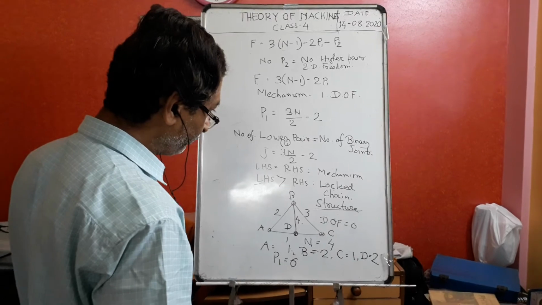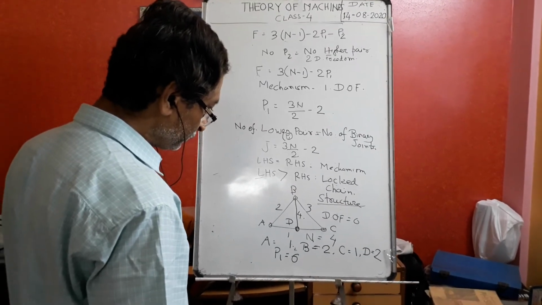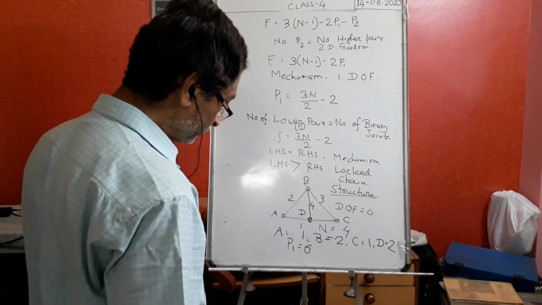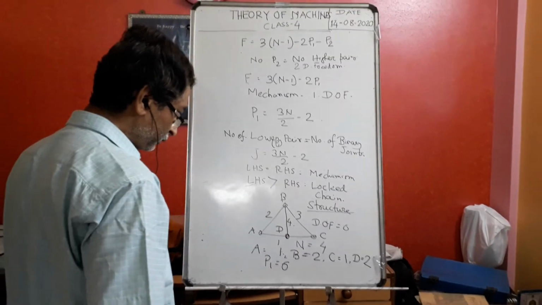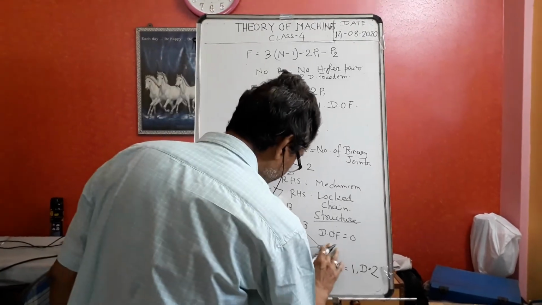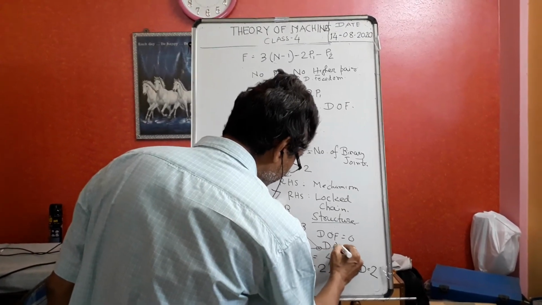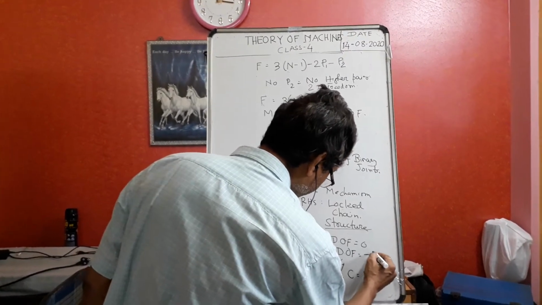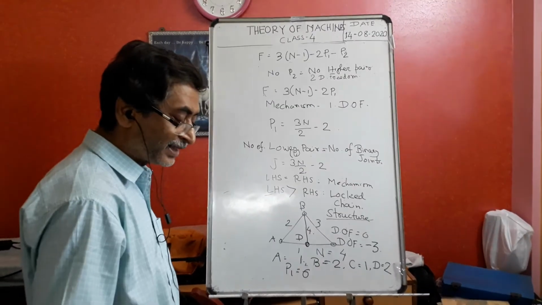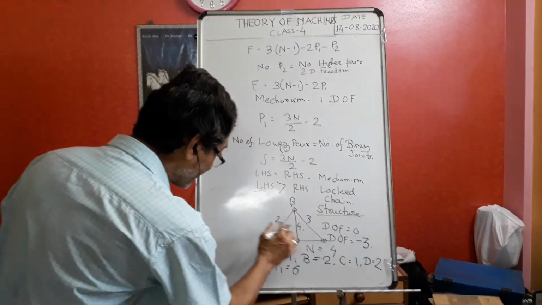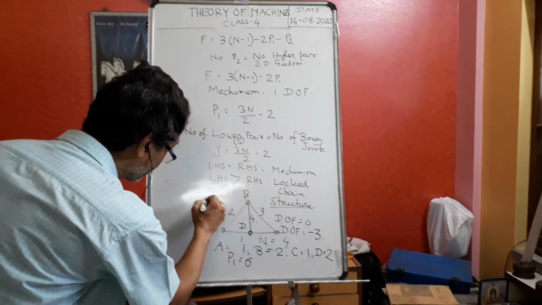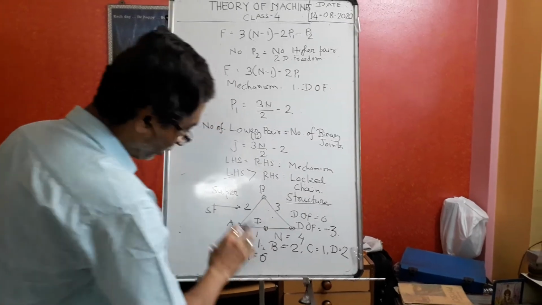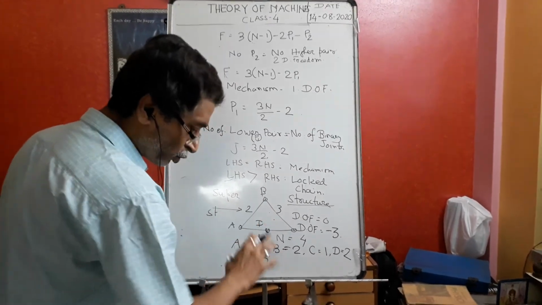Now we find the degree of freedom. Minus is coming. Minus 3. So the degree of freedom is coming -3, so that's why this structure is called a superstructure. This connection was not there earlier, but it is strong and will not move.